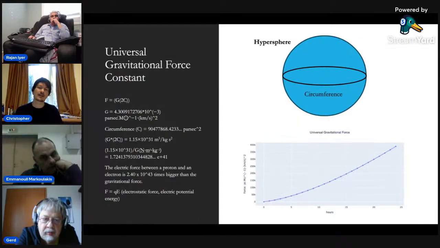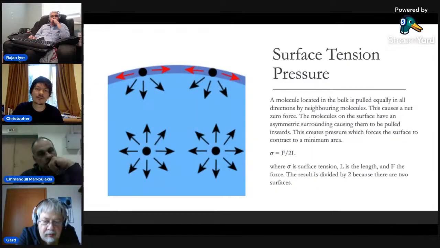So if we take that equation, we're kind of using this model as if the surface area is the surface of the hypersphere, so the surface of the liquid here is the surface of the hypersphere, and we say that surface tension is gravity.